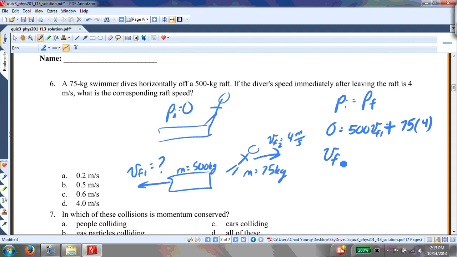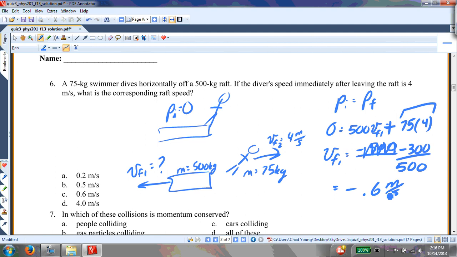Solve that for VF1. It's negative 300, that's 4 times 75, divided by 500, which is negative 0.6 meters per second. So 6 is C.